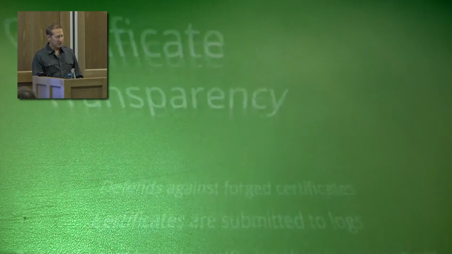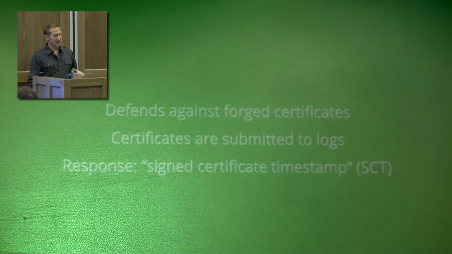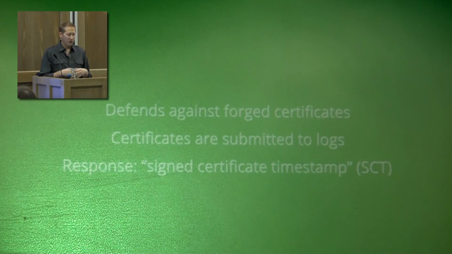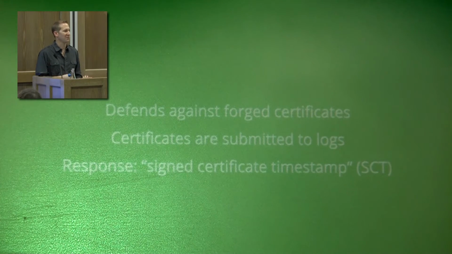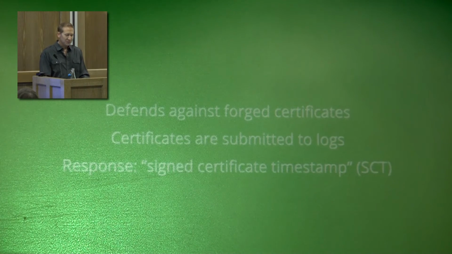What certificate transparency does is a similar way of defending against forged certificates. The certificates are submitted to logs. The logs then hand back what's called a signed certificate timestamp, or an SCT, and that's basically a promise from the log saying, okay, we've acknowledged your submission, and whatever the determined interval is, we'll make sure that it gets added to the log.